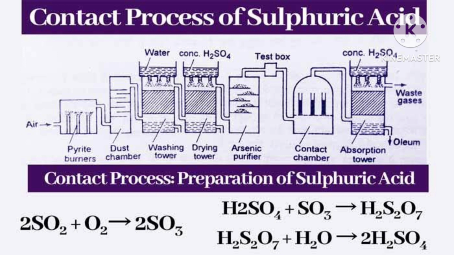The first ionization value is more than 10, that's why it is stronger. If the K value is more, the acid is strong. By seeing the value of K, you can tell which acid is strong.